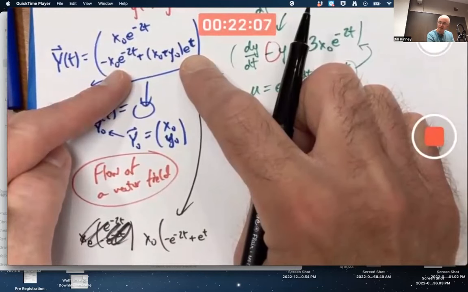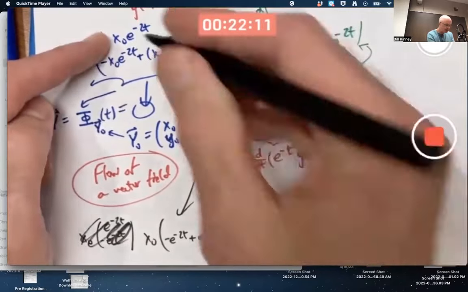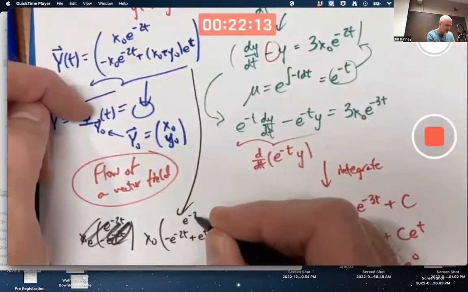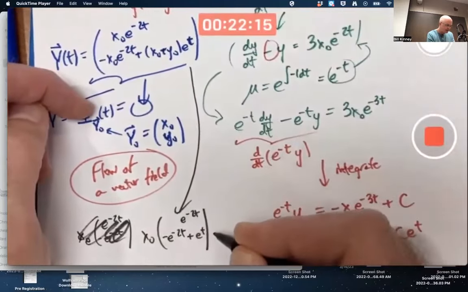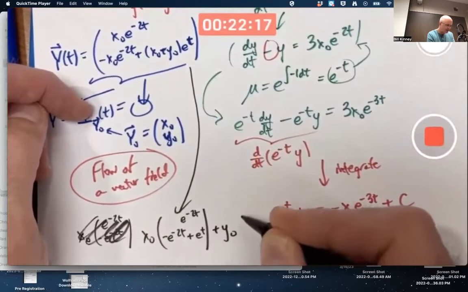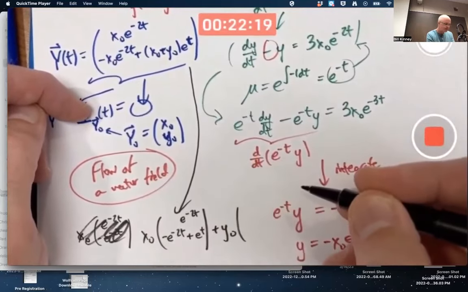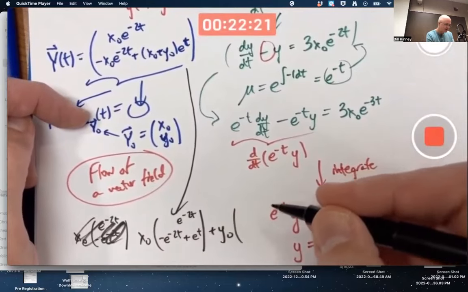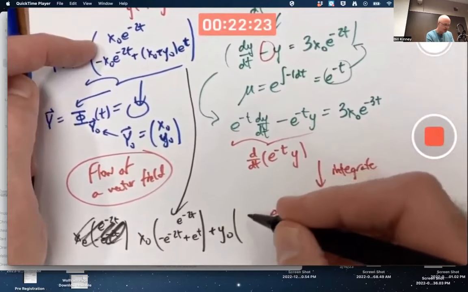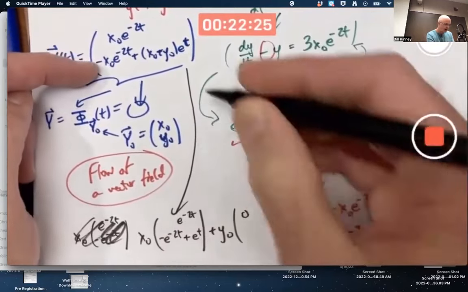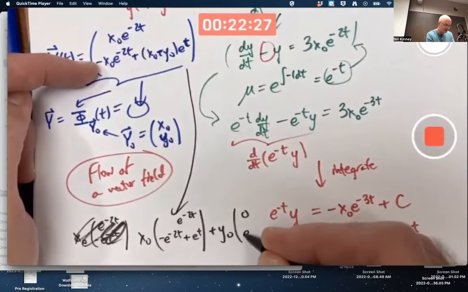I see x naught is multiplied by both of those factors. And the first component is just multiplied by e to the negative 2t. Plus y naught times a vector. y naught's vector is simpler. There's no y naught in the first component, so that's a 0. There's a y naught in the second component next to an e to the t.